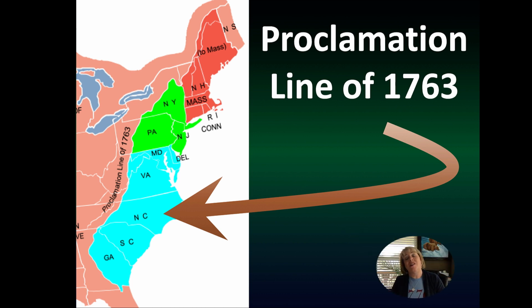The Proclamation Line of 1763, major turning point. Underline it, circle it, put a star beside it. Because what the Proclamation Line of 1763 said was that English colonists could not move west of that line. They were limited to the territory of the original 13 colonies.